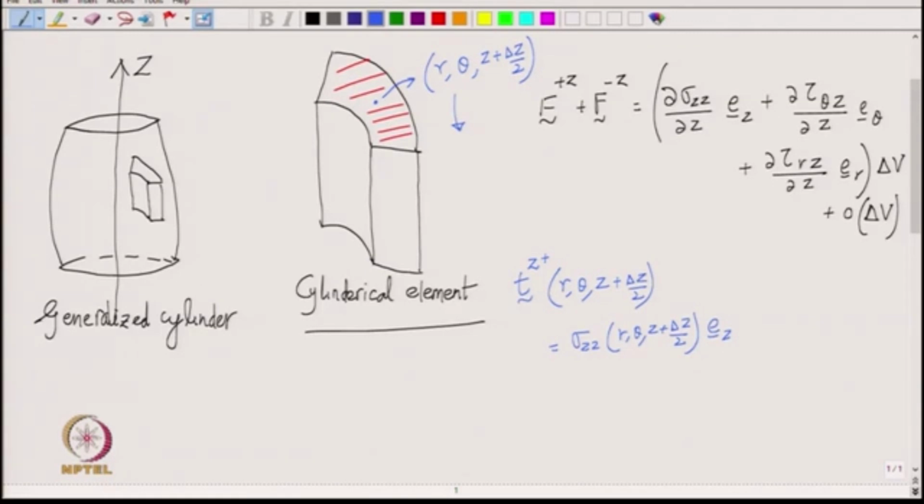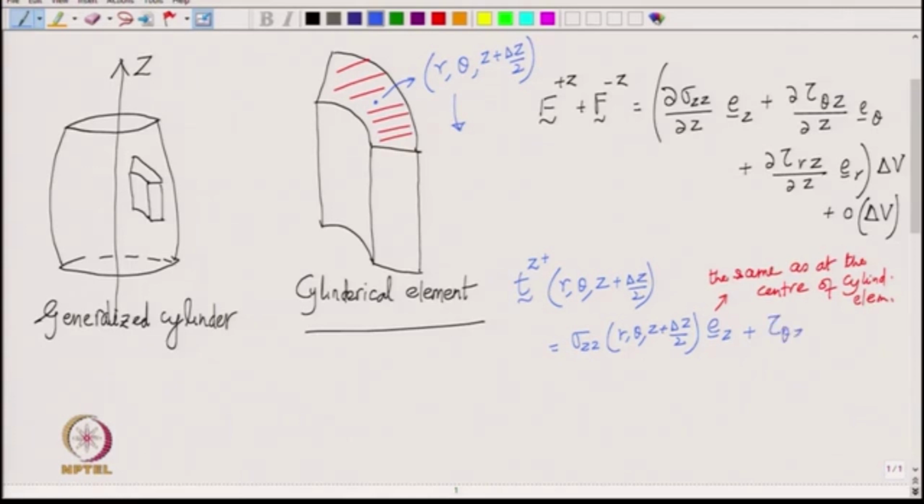So, E z at the center of the z plane will be the same as what it is at the center of the cylindrical element. Okay. So, E z is the same as at the center of cylindrical element. All right. So, that is the first part.